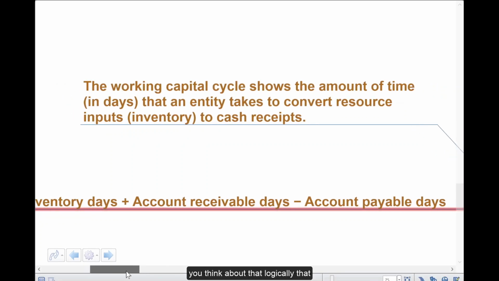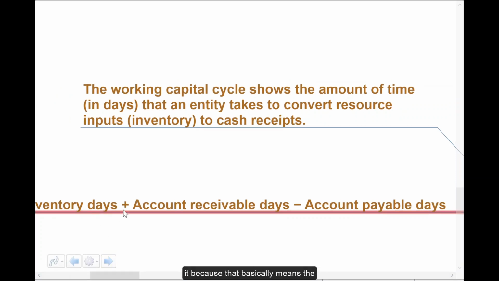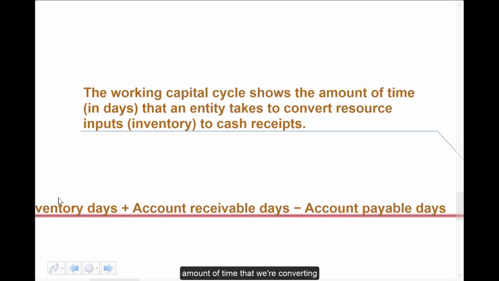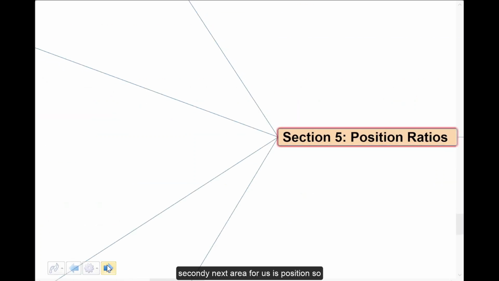Now, when you think about that logically, that would give us the working cycle, wouldn't it? Because that basically means the amount of time that we're converting stuff or work in progress, raw materials, finished goods, etc., plus our debtors, accounts receivable, minus the accounts payable days, the amount of time that it takes us to pay off suppliers, into one set of days, the working capital cycle.